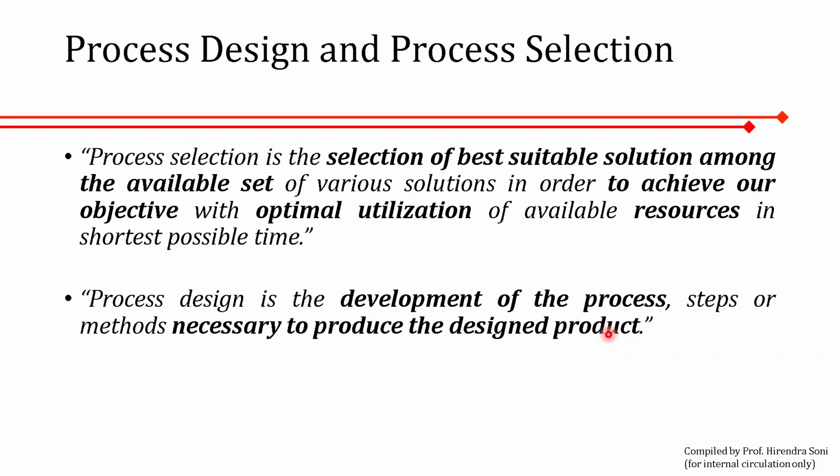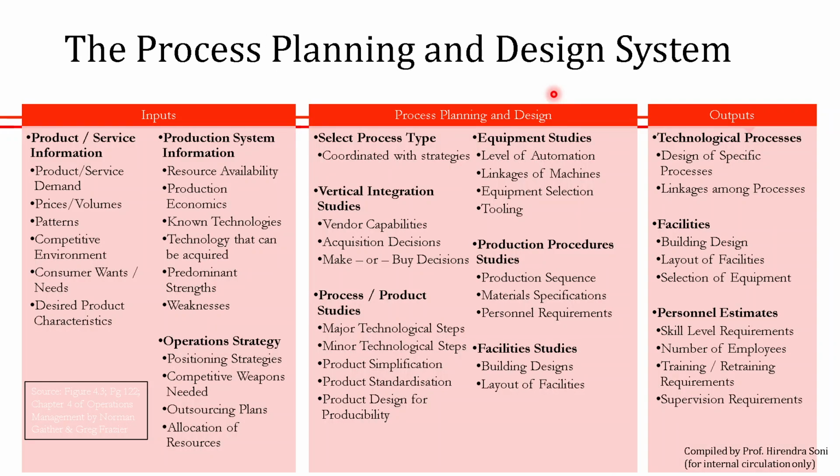The process planning and design system, we have already seen there are three aspects to it. One is basically your input, one is the output, and the center one we always say the process, or the transformation system, which actually transforms inputs to output.